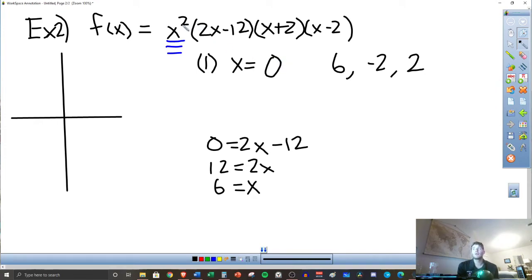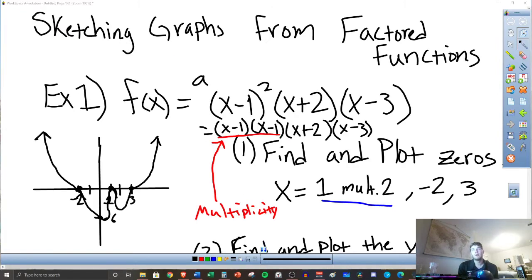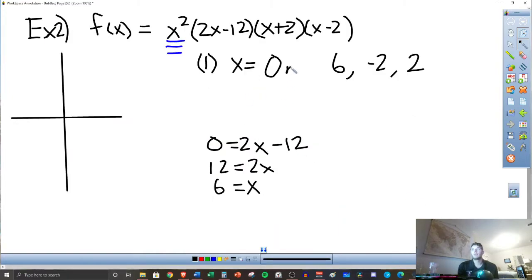Now, the square still comes into play. What did the square mean on the last problem? Look at the blue here, or red here with the square. It meant multiplicity. Anytime I see a square, that's telling me multiplicity, okay? I'm writing it twice. That's what that means. So we're going to put multiplicity 2.